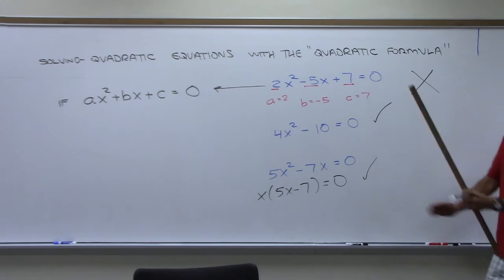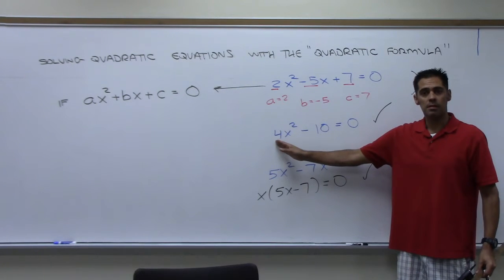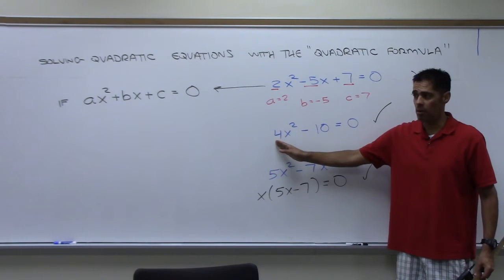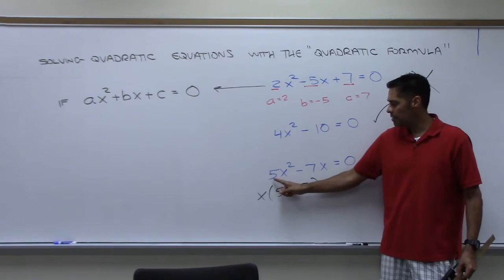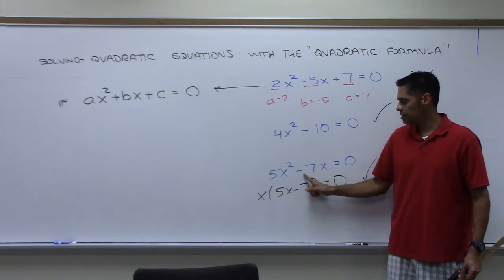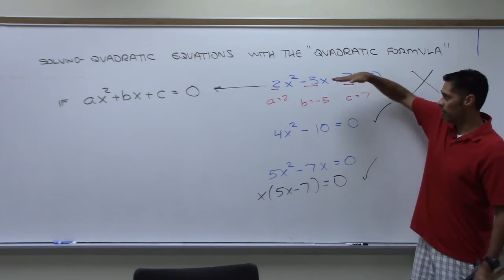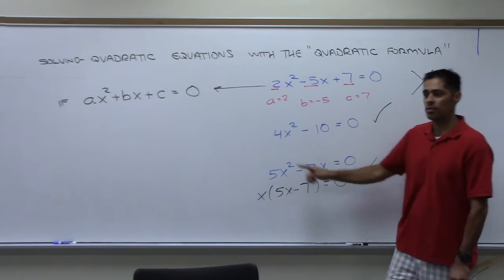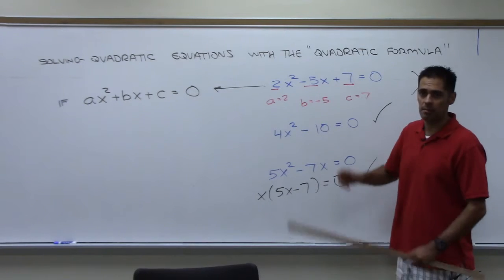We could say here that A is 4, B is, it's not here, so it's 0. And C is -10. Here we would say A is 5, B is -7, and C is 0. So for all of them, you can still use this formula that I'm about to give you. As long as you can identify A, B, and C, you're in business.